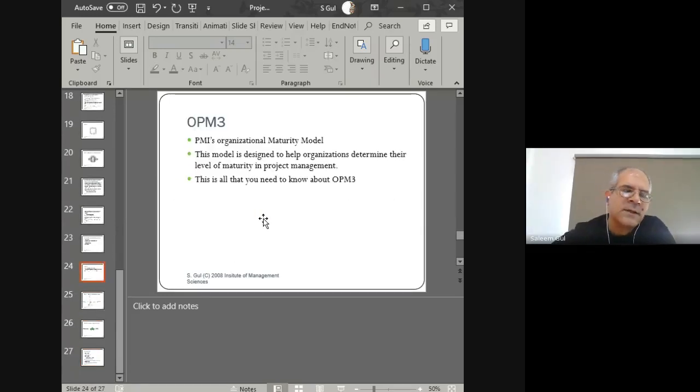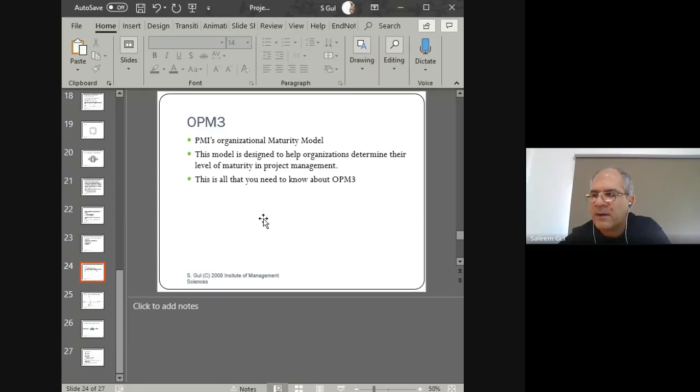If you are interested in learning more about the OPM3, my suggestion would be that you visit the Software Engineering Institute's website at Carnegie Mellon, right? So their website is sei.cmu.edu.